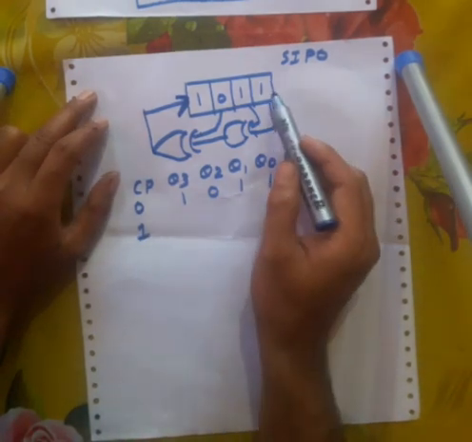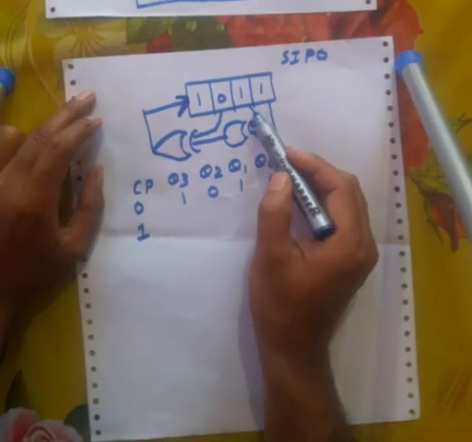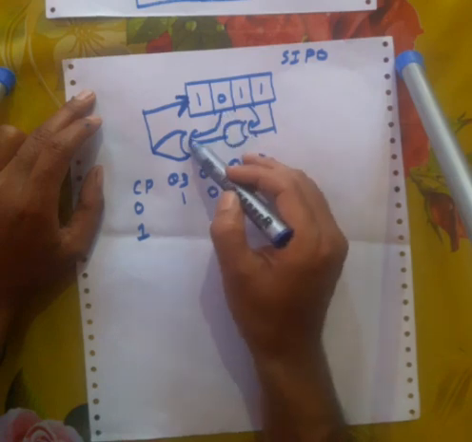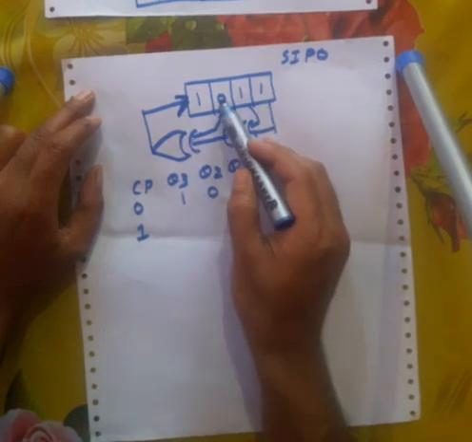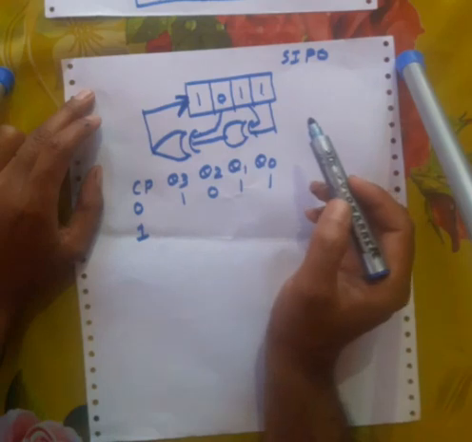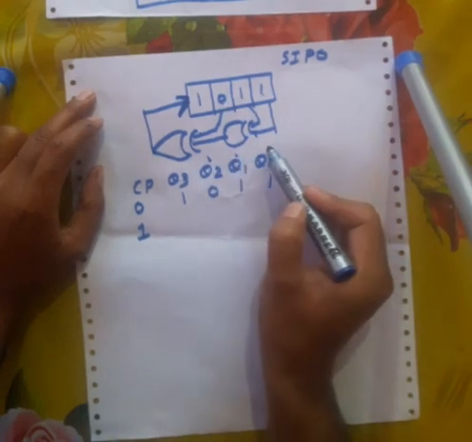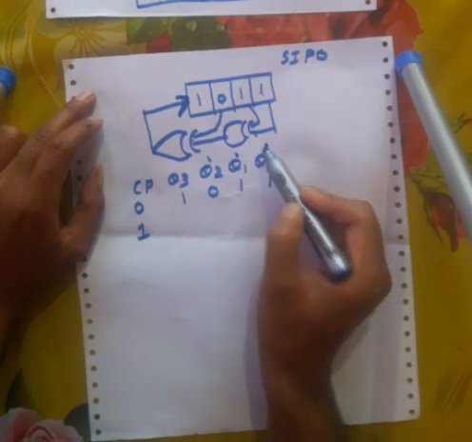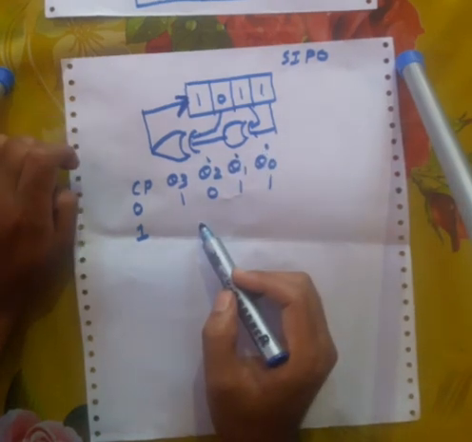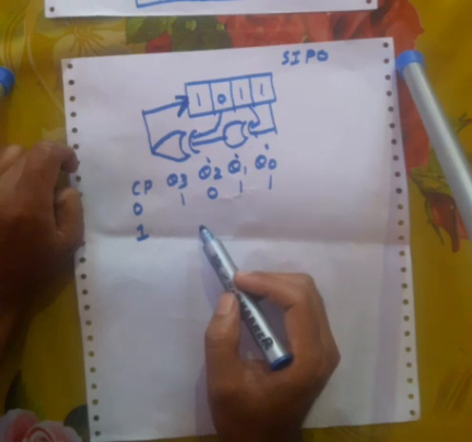Now, after the first clock pulse, what will happen? You have to take the XOR of Q2, Q1, Q0. In an XOR gate, you know the property: if there is an odd number of ones in the input, the output will be high, otherwise low.